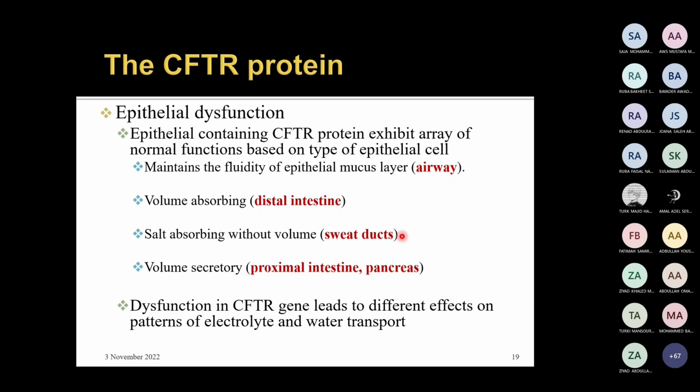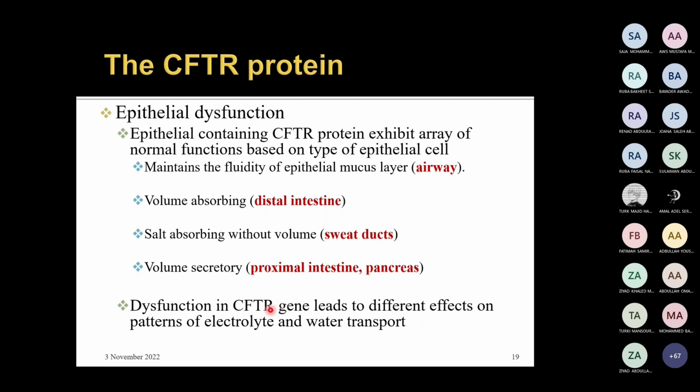Low sodium in the body results in several problems. So in the sweat glands, the same protein in the epithelial cells acts to absorb sodium without absorbing much water. In the proximal intestine and pancreas, its main function is to secrete the pancreatic secretions or the pancreatic enzymes, so the volume secretory function.